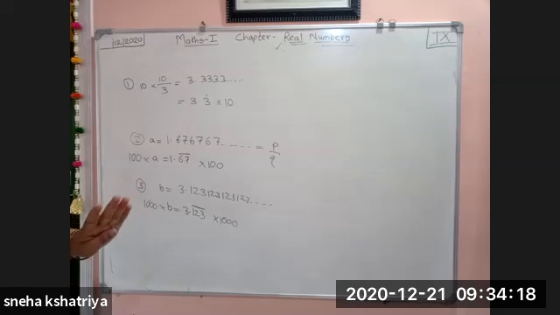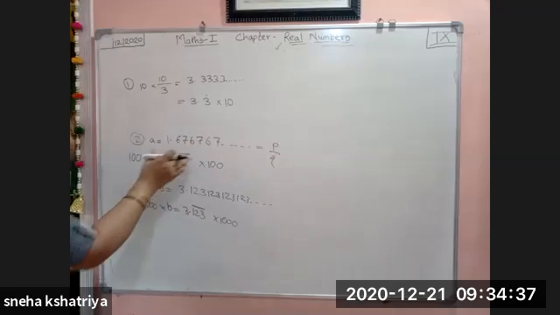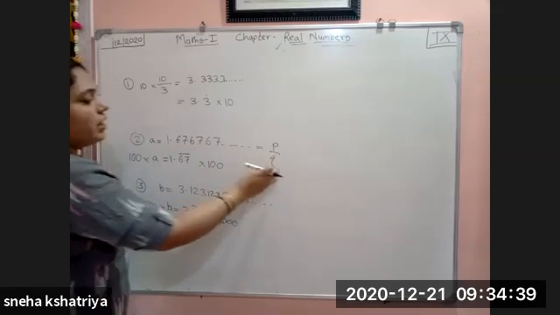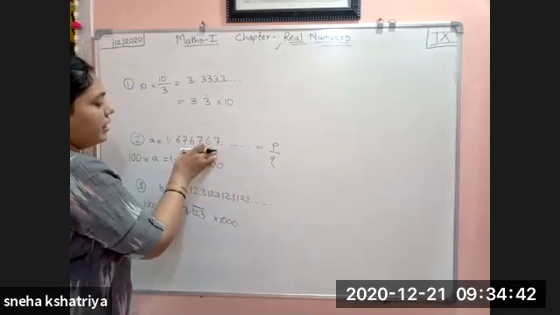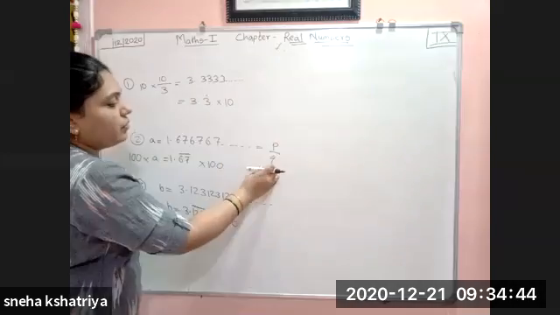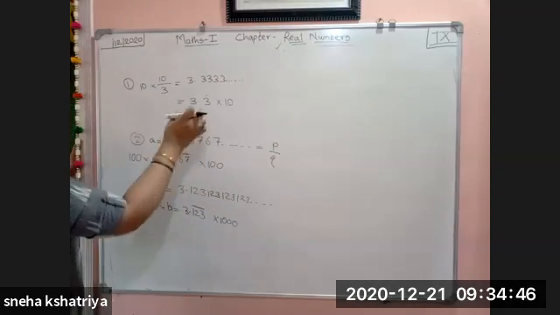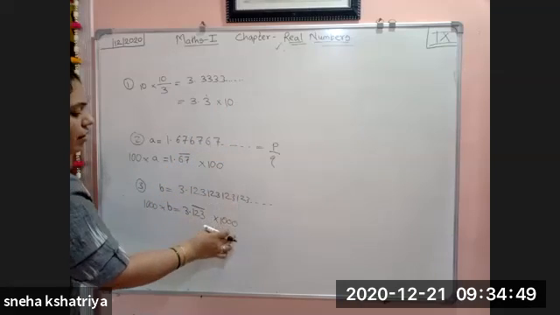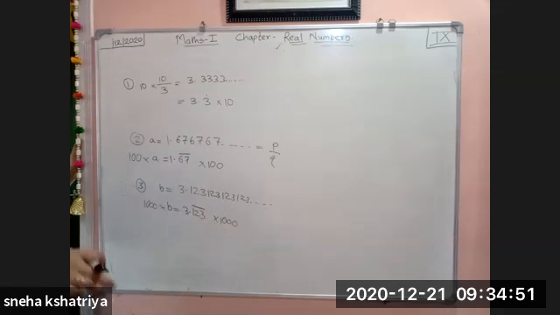Means if four numbers are repeating, then multiply by 10,000. If five numbers are repeated, then multiply by 1 lakh, 1 and count 5 zeros. Then according to that you have to multiply. So you have to remember that if the given recurring type has to be converted into fraction, then you have to multiply it by 10, 100, 1000, 10,000, 1 lakh accordingly.